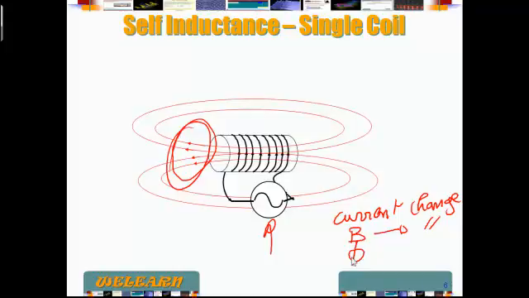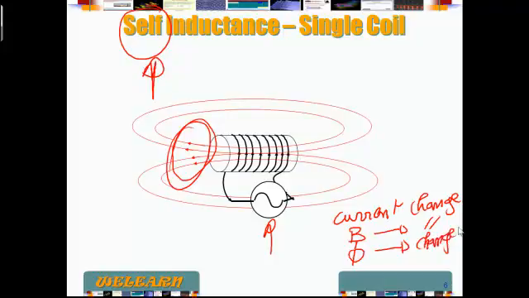And note, this is what's important, this is what's different: the flux is due to the magnetic field that it is producing. So it is a self sort of flux. This is where the word self comes from. And that flux is going to be changing as well.